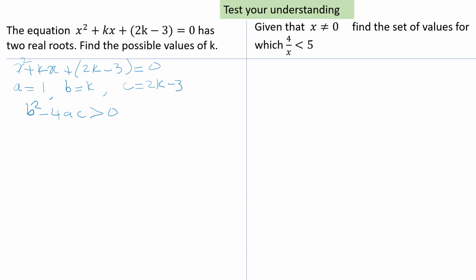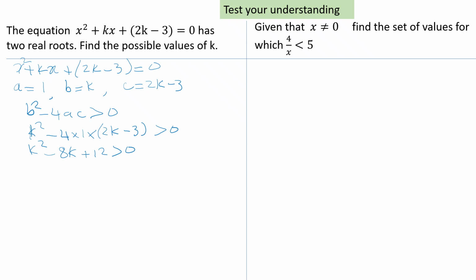So b is k, so k squared minus 4, a is 1, c is 2k minus 3, greater than 0. So k squared minus 4 times 2k, 8k, minus 4 times minus 3, plus 12, greater than 0.